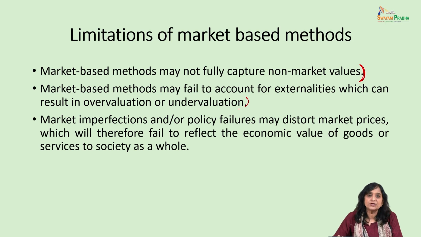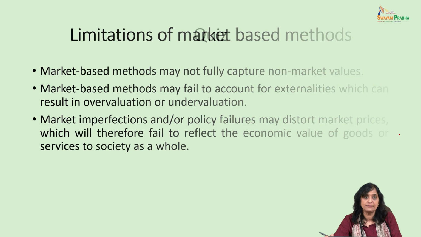Then market imperfections or policy failures may distort market prices, which will therefore fail to reflect the economic value of goods and services to the society as a whole. We've already seen that private costs do not talk about the marginal damage caused by their activities. Therefore, market price does not reflect the social cost of that environmental damage. And what we are doing in these market-based methods is we are only talking about the market prices. Hence, the valuation is not correct at many times.